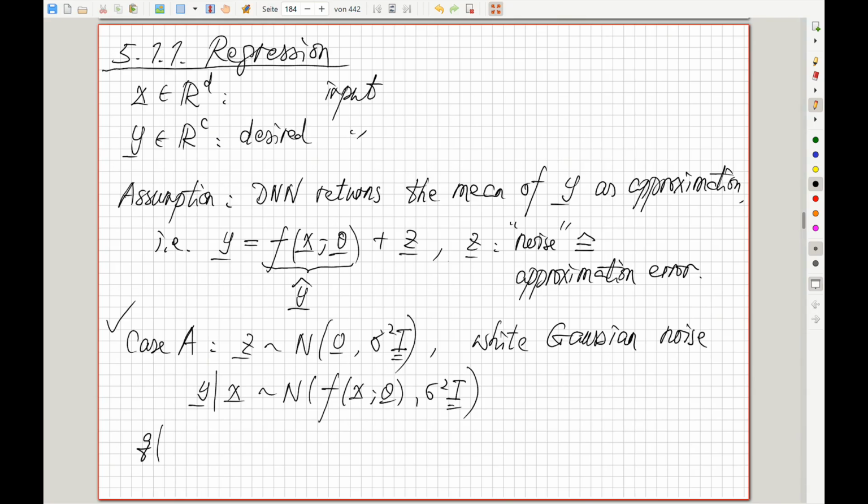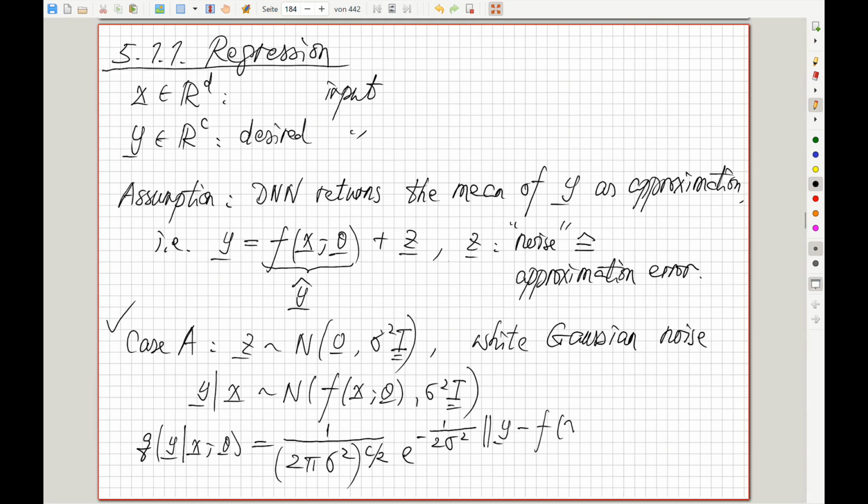And now I'm able to formulate my approximating likelihood. The probability density function of Y conditioned on X is given by the well-known formula of the multivariate Gaussian distribution. You have 1 divided by 2 pi sigma squared to the exponent c divided by 2, where c is the number of elements in the output vector. And then we have our famous exponential function, minus 1 over 2 sigma squared times, in our case, the random vector y minus the mean vector.